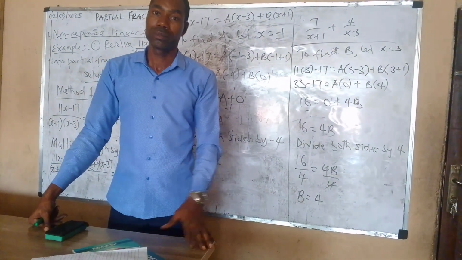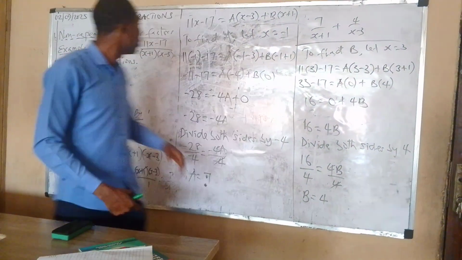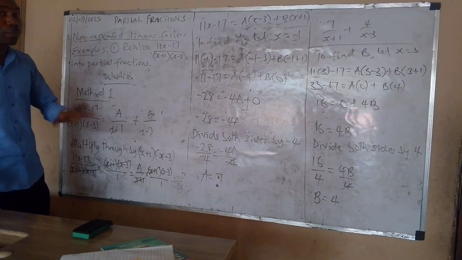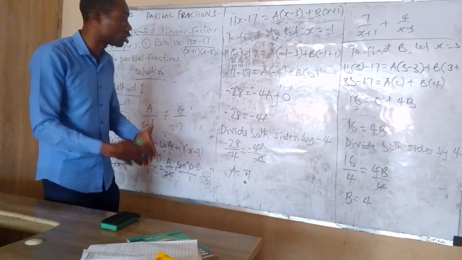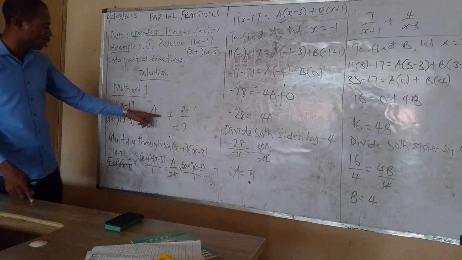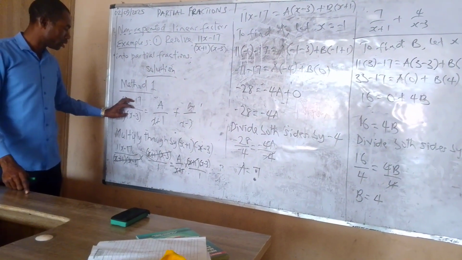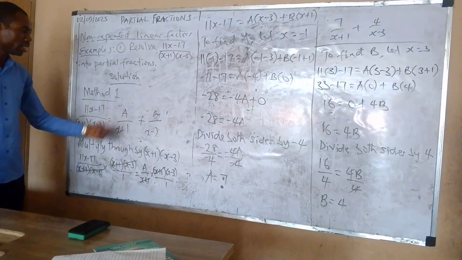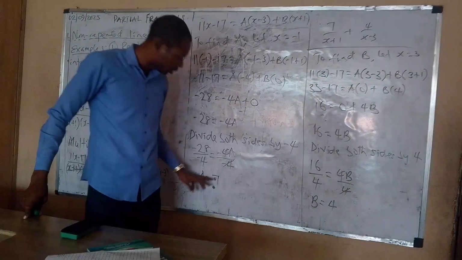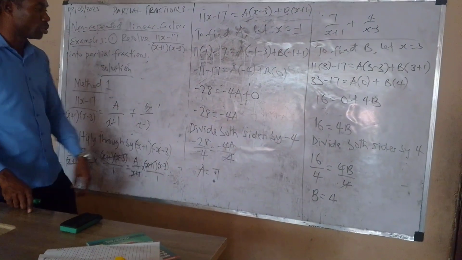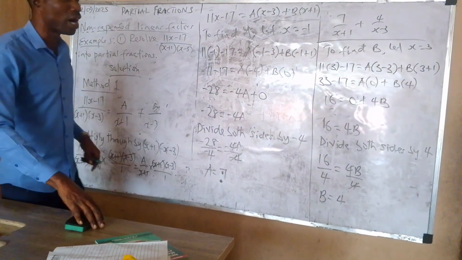Now you don't stop here. They say resolve this into its partial fractions. Now what are the partial fractions of this? We now come back to this expression. This equals this. Where you see a, we put the value of a there. Where's our a? 7. Where you see b, we put the value of b there. And then you are done.